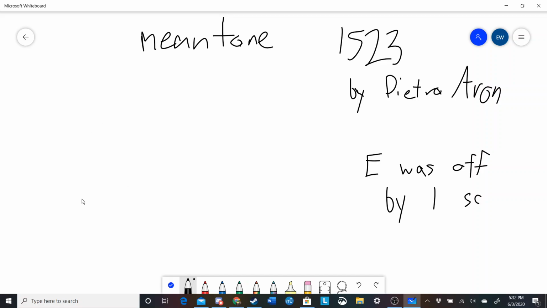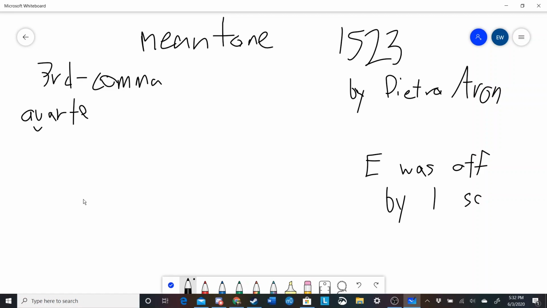So I'll talk about a couple common meantones. There are three common systems of meantone tuning. In order of commonality, I'll say, you have third comma meantone, quarter comma. So I guess I can't really say fourth.